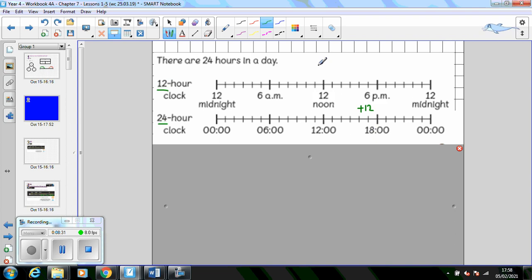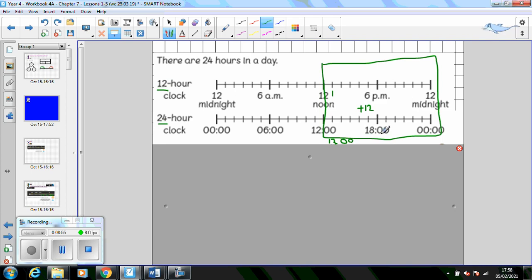And we only need to know this for the afternoon. Everything in the morning stays the same number, it's just written slightly differently. But in the afternoon, instead of starting at 1 p.m, we have 13 hours and no minutes.